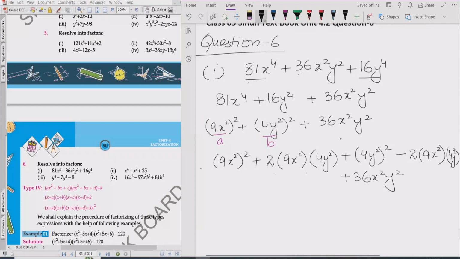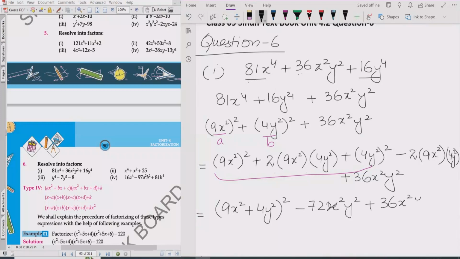Now we will simplify this term like this. This term can make the perfect square (9x^2 + 4y^2)^2, and this will be minus 72x^2y^2, and this one is 36x^2y^2.